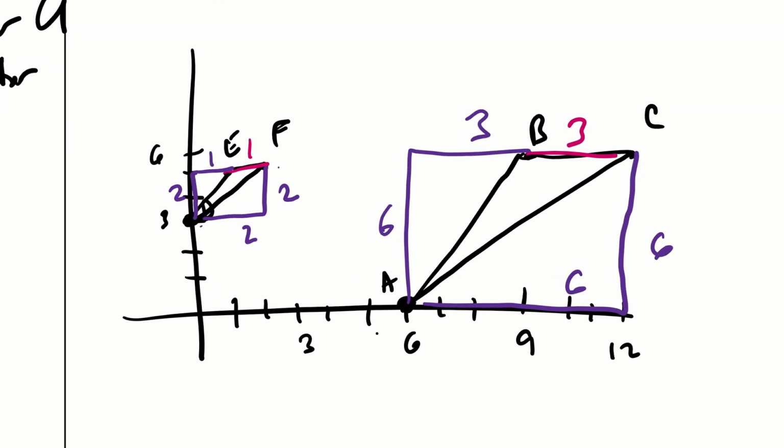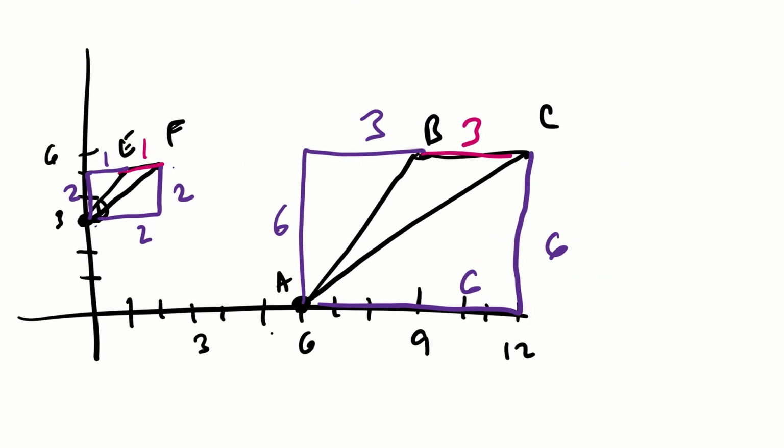Okay, so now if I compare these, I can see that 1 and 3 have a scale factor of 1/3, right? And then if I compare this 2 with this 6, well, that's a scale factor of 1/3. So that looks good. Similarly, if I compare these two, 6 and that 2, scale factor of 1/3. If I compare this with this, scale factor of 1/3.